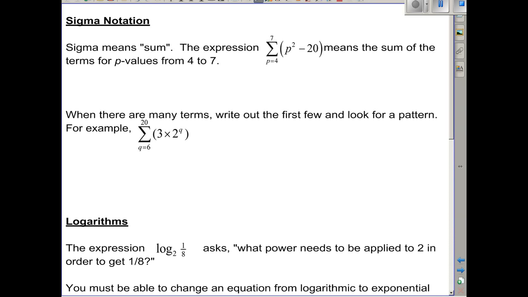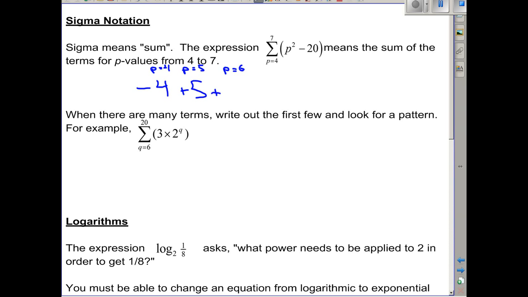If I put in 4 for p, I'll get 4 squared, which is 16, minus 20, or negative 4. And then we're going to add on what we get when we put in 5 for p. 5 squared is 25, minus 20, gives us 5. Put in 6 for p. Okay, so this was p equals 4, this is p equals 5, p equals 6.